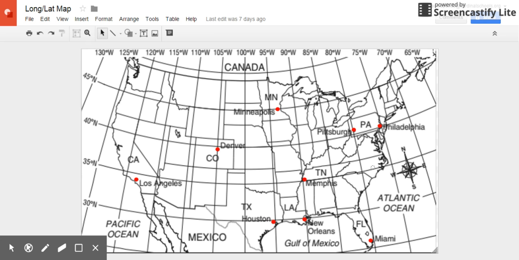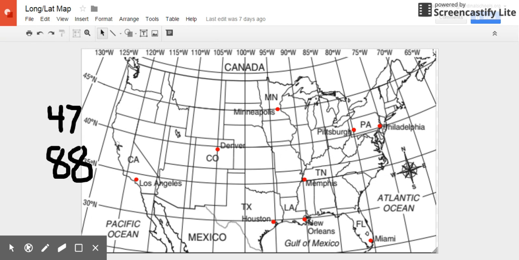You won't be able to draw anything on here, but I want you to at least, with your fingers, locate 47 degrees north, 88 degrees west.